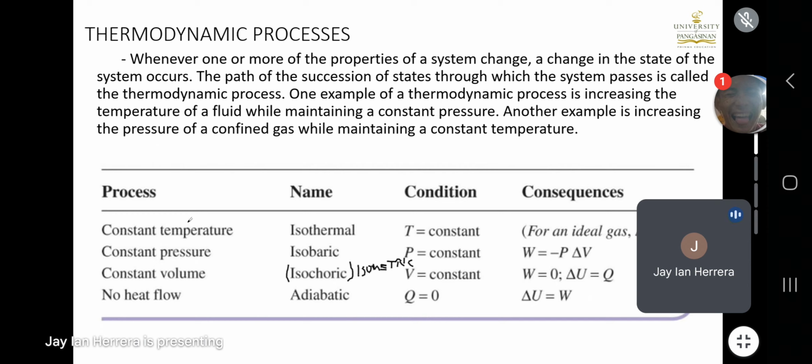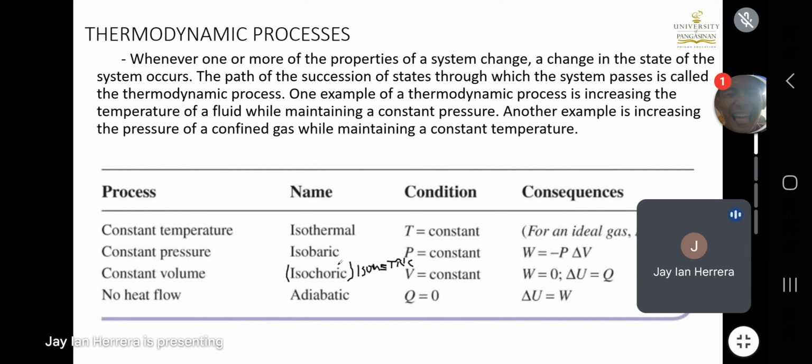Under isothermal, it is constant temperature. Iso is constant, and thermal is temperature, obviously. T is constant. For any ideal gas, the change in internal energy is 0. We have isobaric, which is constant pressure.